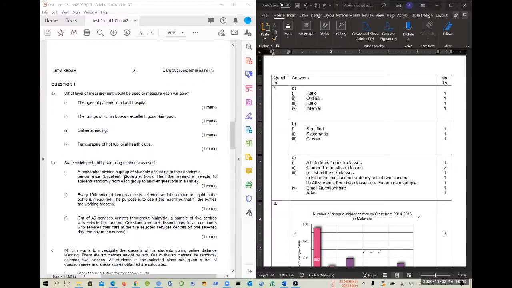And then the second question asks you to state the probability sampling methods. In this case, it's already given here.